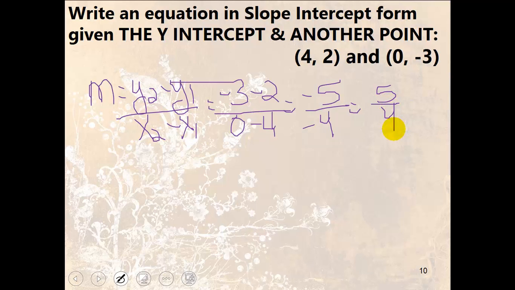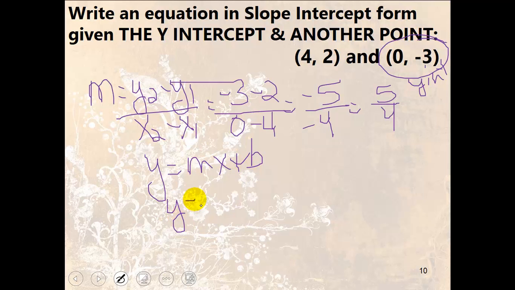All right, and now I'm going to use my y-intercept. I recognize it because it's 0, a number, and y equals mx plus b. I can only go straight into this method when I'm given the y-intercept, then y equals 5/4 x minus 3. Plus a negative is minus.